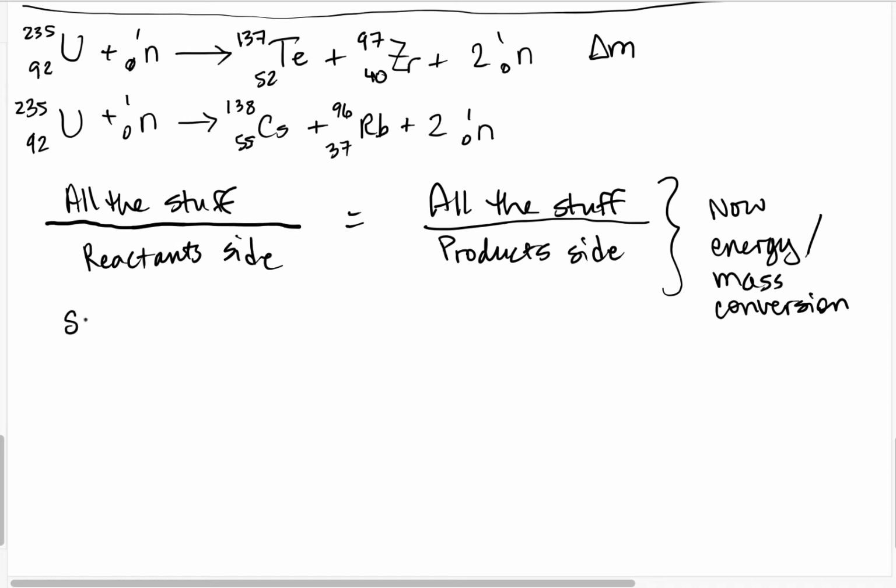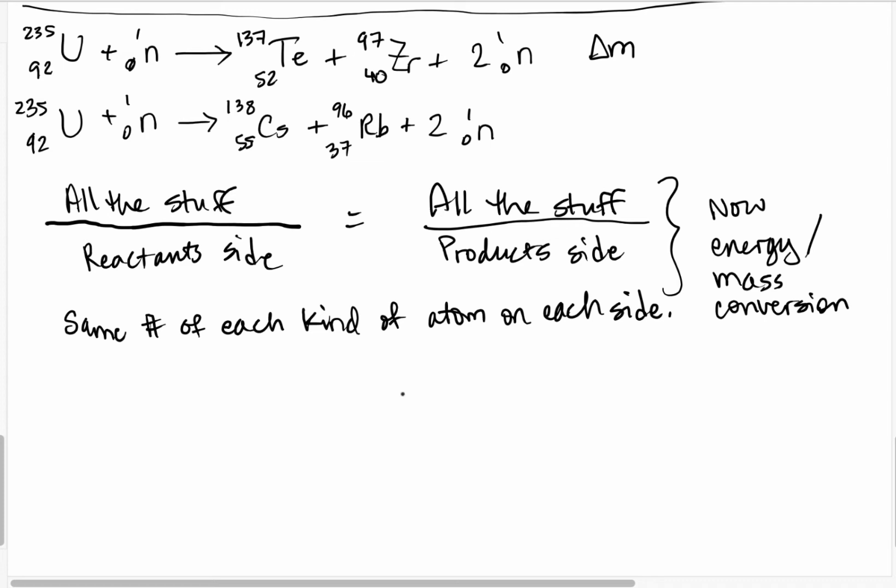So we had the same number of each kind of atom on each side of the reaction. So this is like if you were cooking, all of the ingredients that you started with ended up in whatever the thing was that you cooked. And you didn't have some of it disappear.